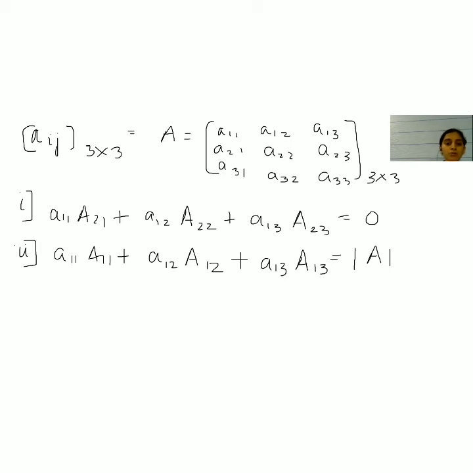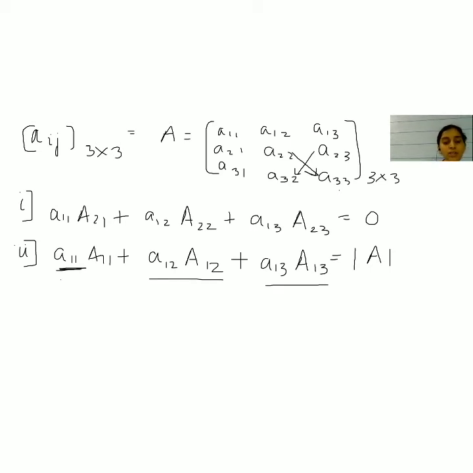What do I mean by own cofactor? Now tell me, what is cofactor of A11? You hide the row and column, right? So when you hide the row and column, you get M11, that is A22 multiplied by A33, these two minus these two. That is your minor M11, and then you get A11 by putting in the sign. Similar goes to the second term, similar goes to the third term.